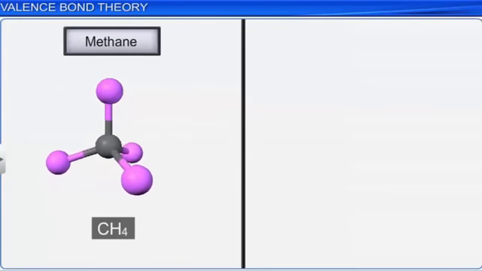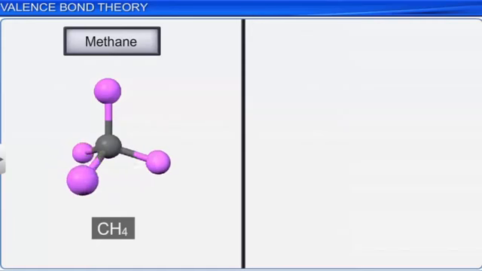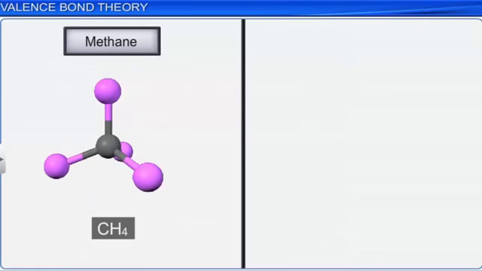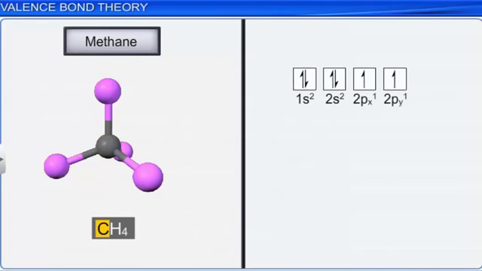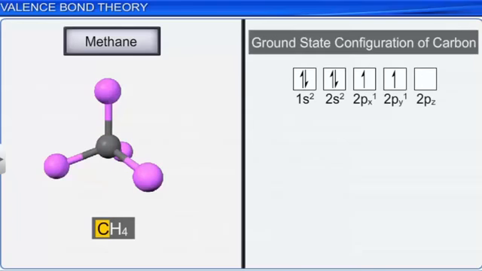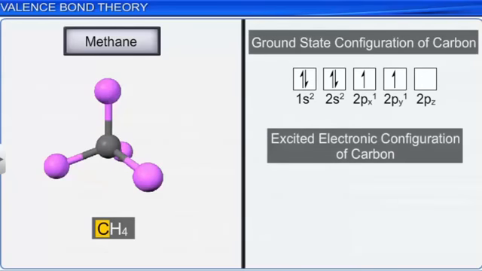Let us explain the above limitation by considering methane molecule. In methane, the central atom carbon has the configuration of 1s2, 2s2, 2px1, 2py1. In its excited state, the configuration becomes 1s2, 2s1, 2px1, 2py1, 2pz1.